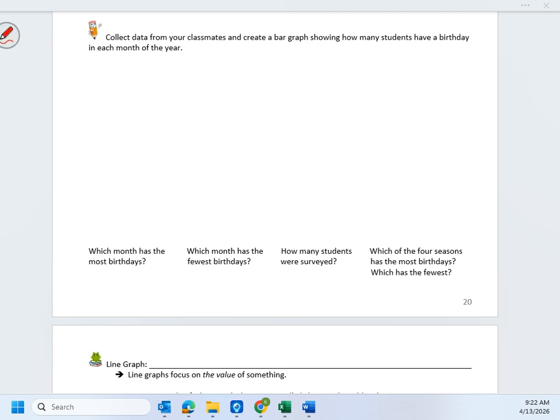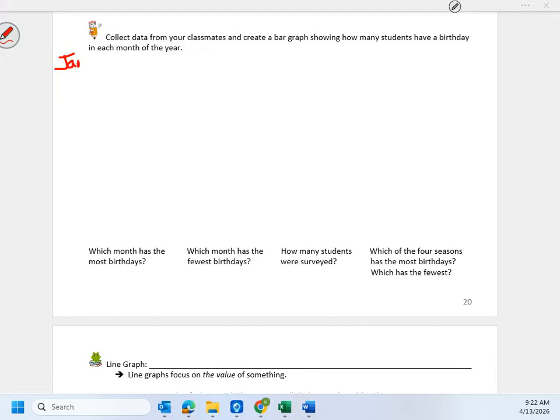So first we have to do our data analysis, and since Diana is with us today, she gets to be a part of our data. So we know that there are 27 students in this class. Today there are 28 students, so we're gonna have 28 data points.